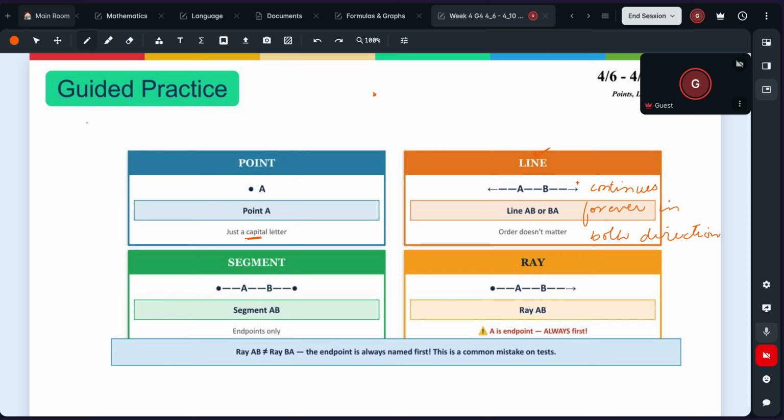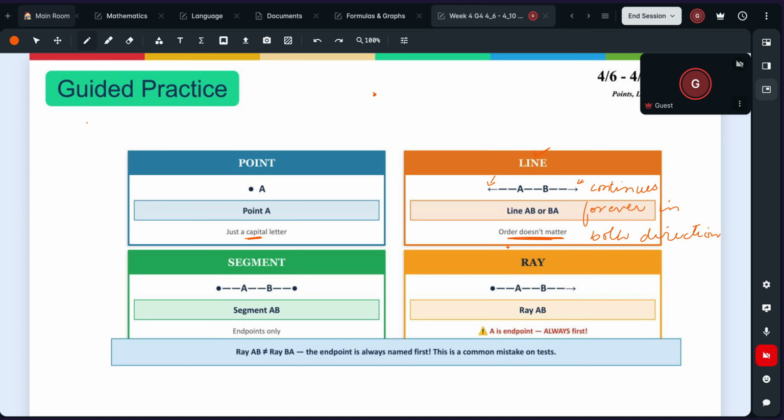So you can see here we have an arrow at both ends, which shows that the line continues forever in both directions. So whenever we draw a line, we have to mark arrows on both sides. A line has no endpoint, so there is no specific order. So line AB or BA, whatever suits you, order doesn't matter.